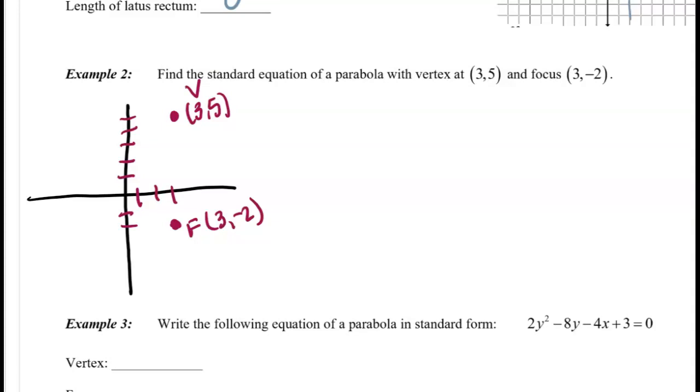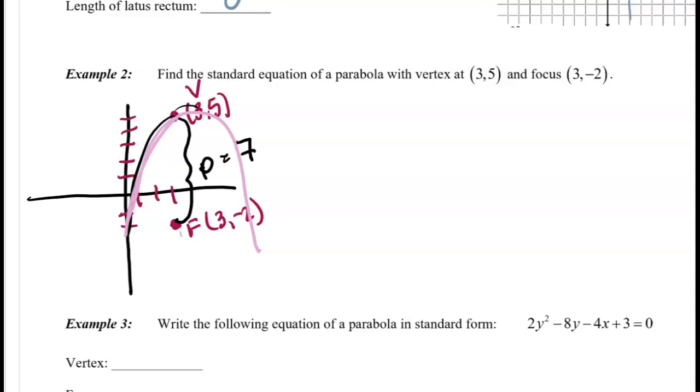Now this distance from my vertex to my focus is my p-value. Well, how do I get from 5 to -2? It's a distance of 7. My parabola is opening down. How do I know? Because my focus lies inside my parabola.